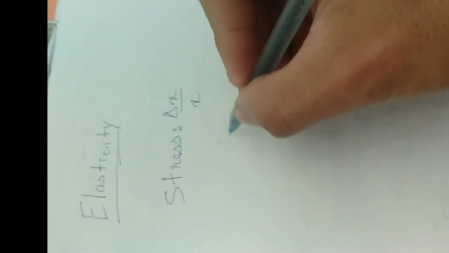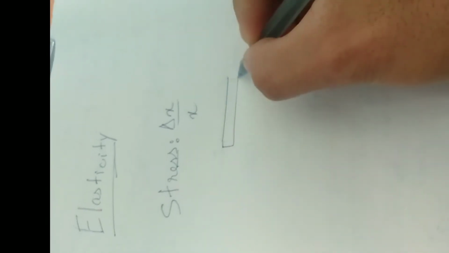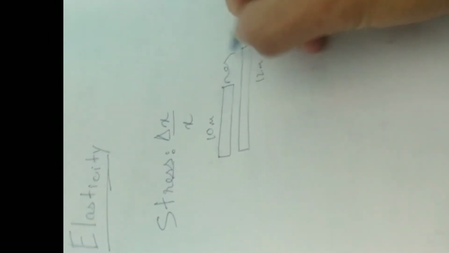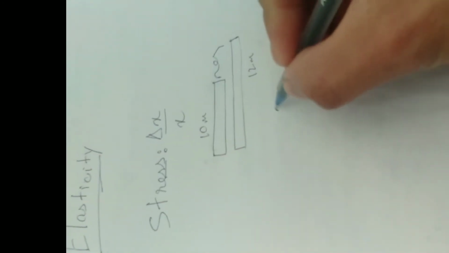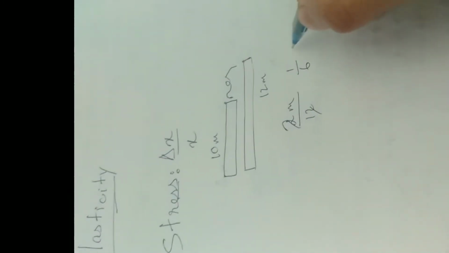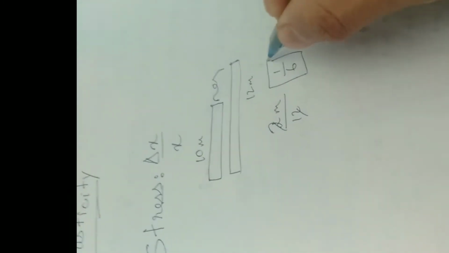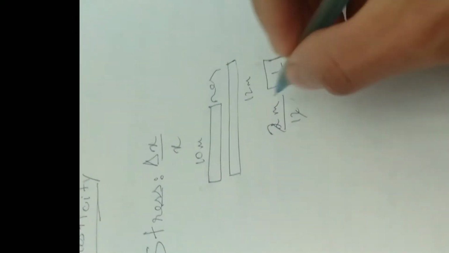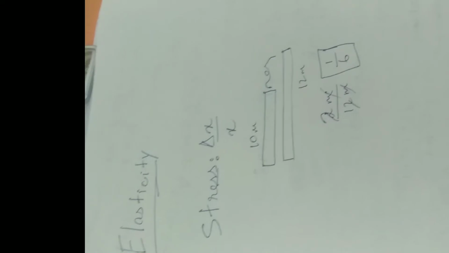For example, if there is a scale of 10 meters, and if I stretch it to 12 meters, the ratio of the change, which is 2 meters by 10, is 1 by 5. That is the strain. It doesn't have any unit since meters cancel out meters, and it can be volume or anything.